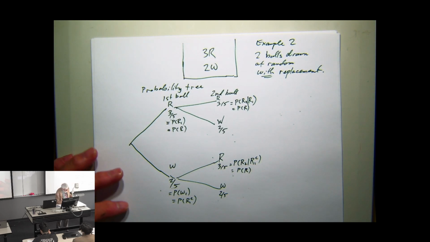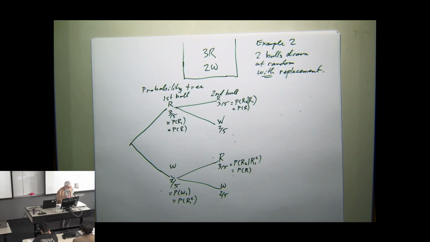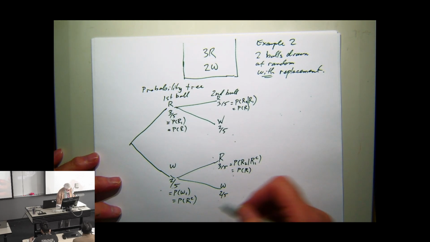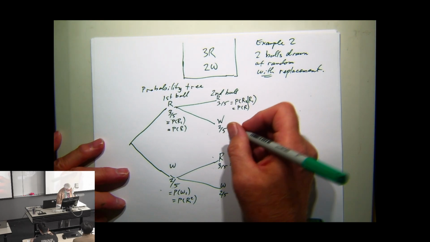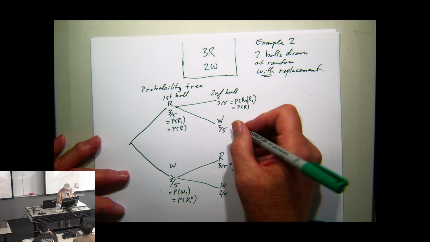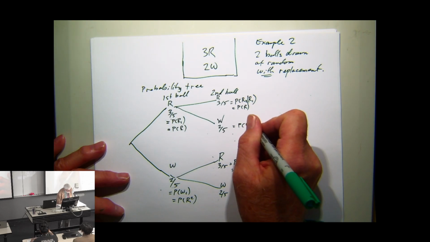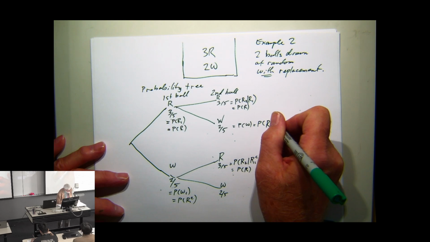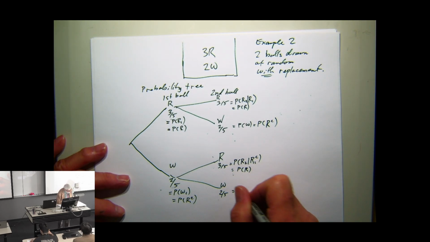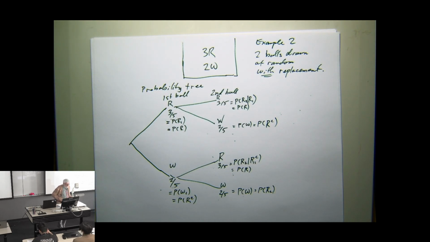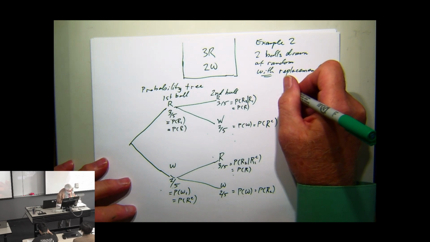And similarly, we can go through and work out the situations, but this is just going to be the probability of white, 2/5. This is just going to be the probability of a white, which is the probability of not getting a red. Okay, so now doing our intersections.